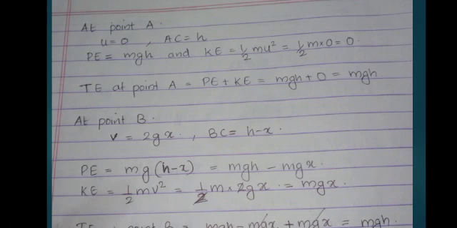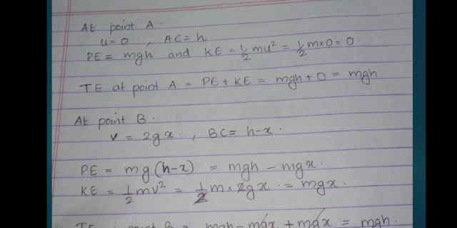Now at point A, what is the velocity? Velocity equal to 0. Now at point A the height is h. For calculating the potential energy we have to know the height.